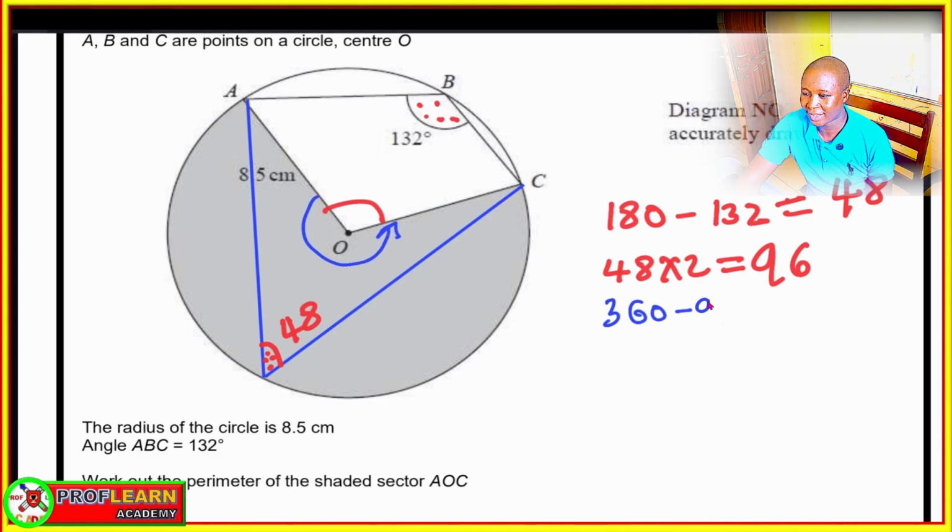The red one, 96. But to get the angle that I've indicated with blue, that will be 360 minus 96, and that will be 264. So 264 is the angle that we're going to use at this particular point.